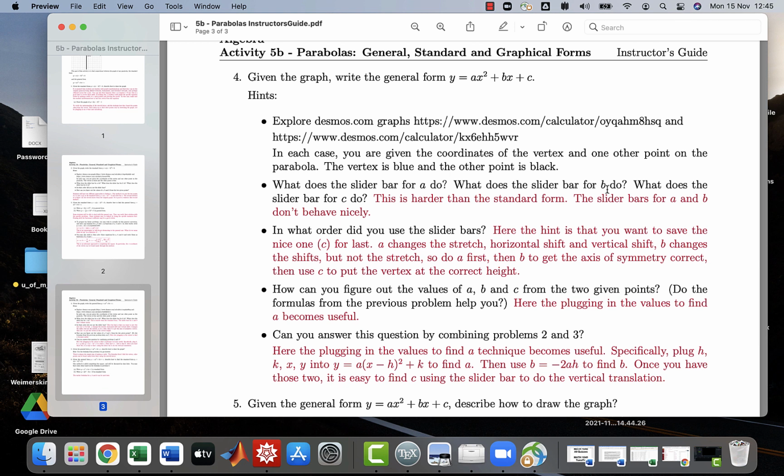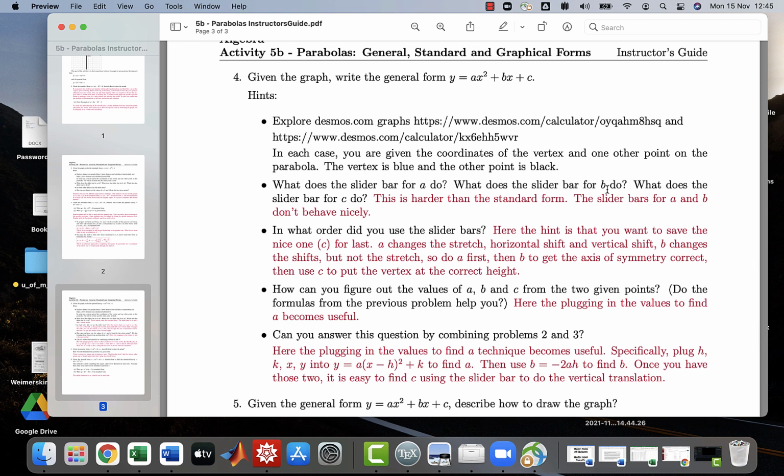You know what C does, and so you can just save that for the end. If I can get the other things right, but my parabola winds up being too high or too low, I know how to fix the too high and too low. The tricky parts are getting the parabola at the correct point left, right, and getting the stretch factor right.